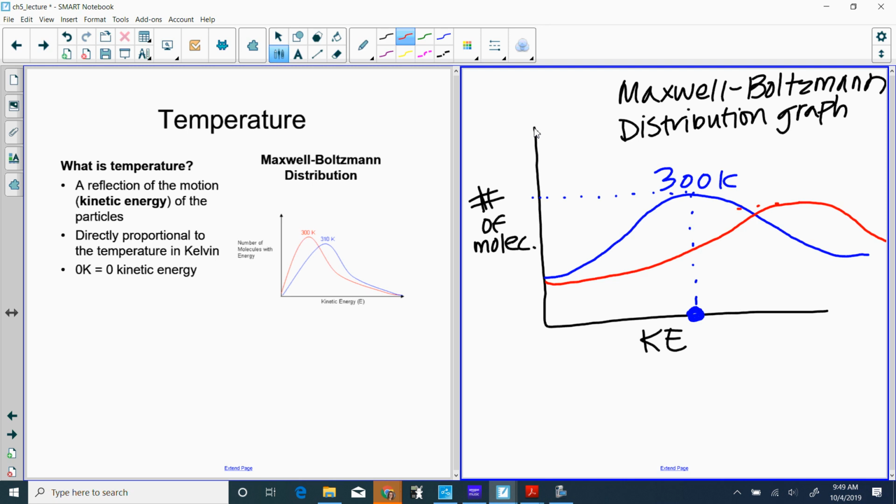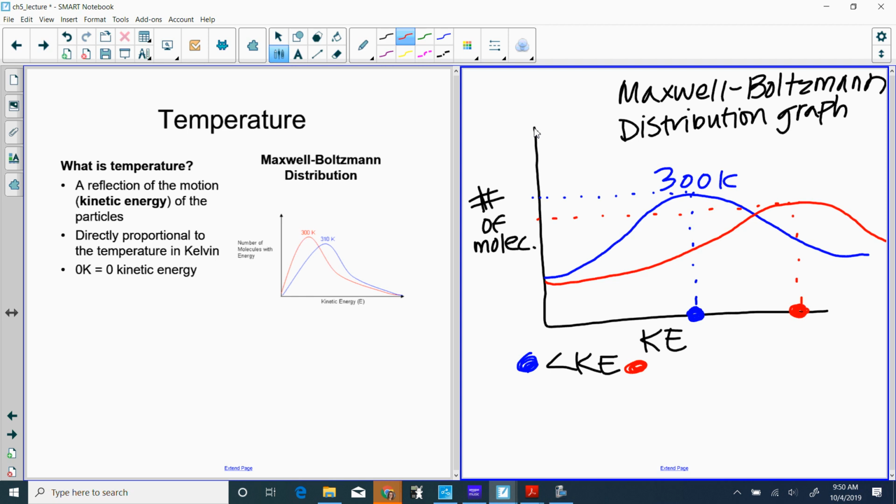So the most amount of molecules now have a kinetic energy of this. To me, that looks like 95. What this graph shows us is cold stuff has less kinetic energy than hot stuff. This is like actual data. This is the data to tell us that that's what's happening.